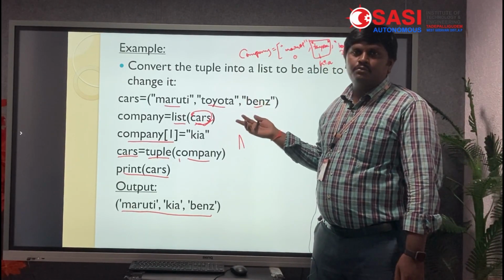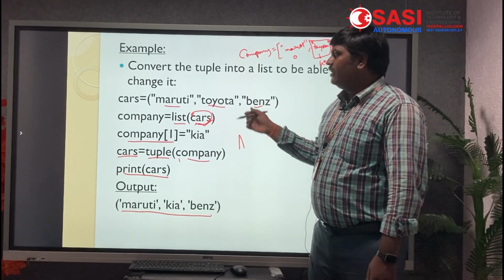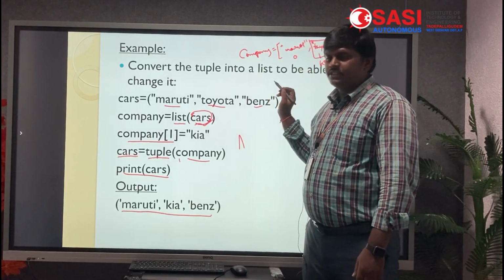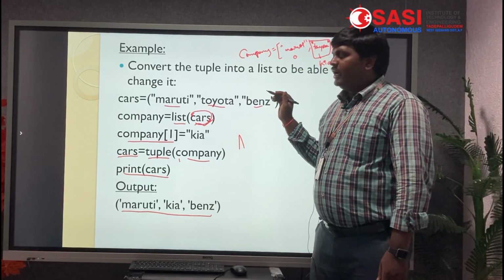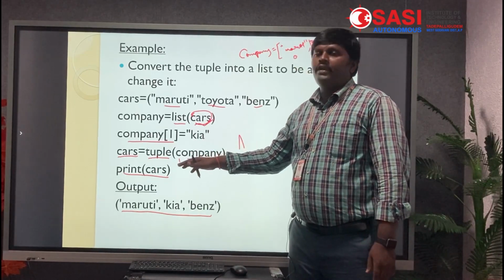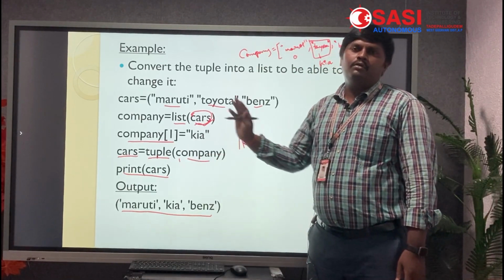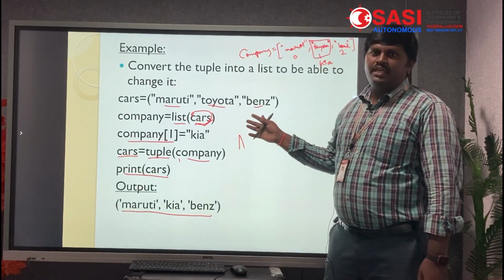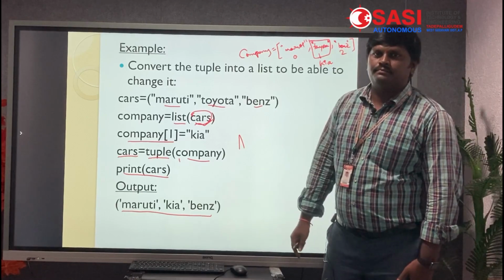How to change these tuple values? Very simple. First of all, the tuple is converted into a list, then apply changes, and again convert the list into a tuple. This is the way to change the values in a tuple.